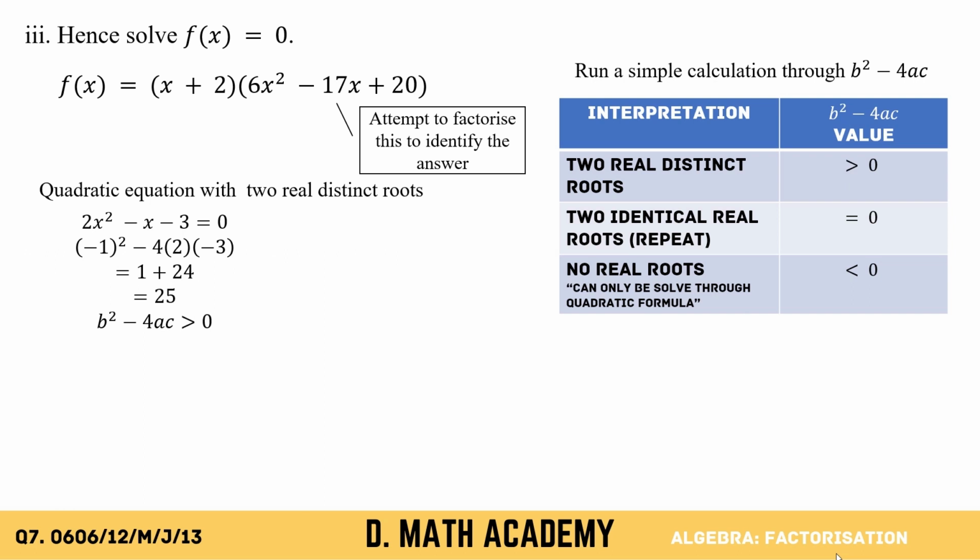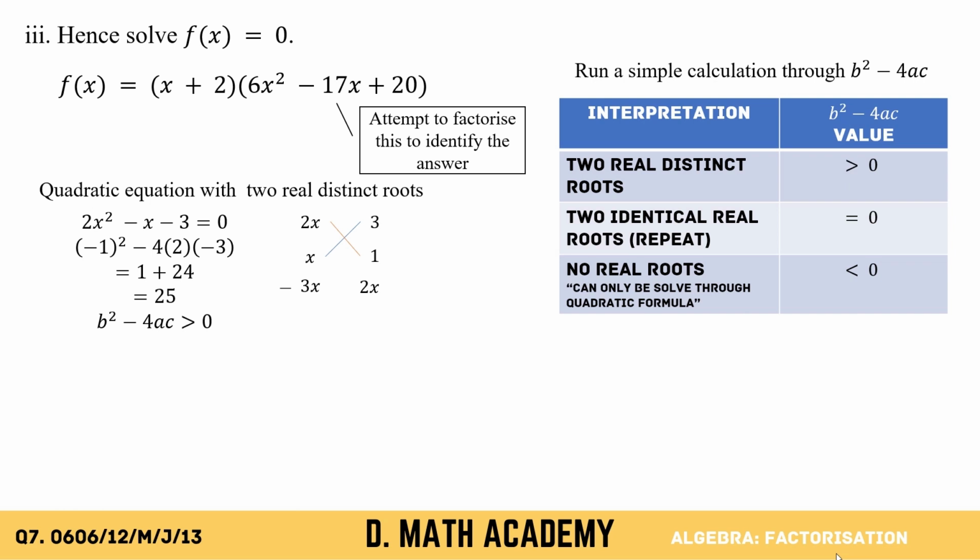So how do we find the respective roots? It's actually through the factorization process. 2x squared is 2x times x, and 3 is 3 times 1. So I cross multiply them, then I get 3x as one result and 2x as the other. The bigger number always follows the center value, which is the negative x over there.